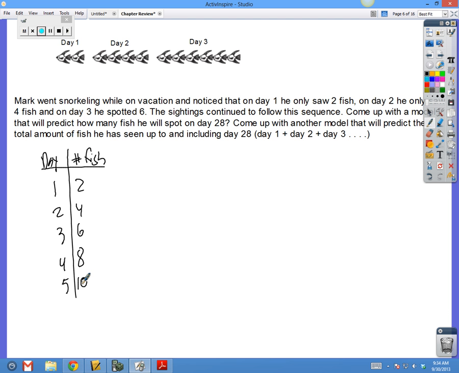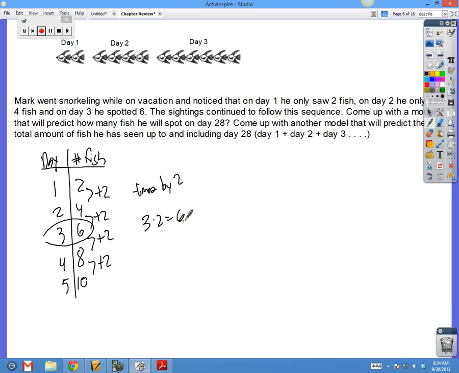So the model that will predict how many fish he's going to spot on day 28, I see that every day he sees 2 more fish. So this is a linear, nice and easy. I know I'm going to times by 2, and now I'm going to pick a pair, and I'm going to experiment. 3 times 2 is 6.